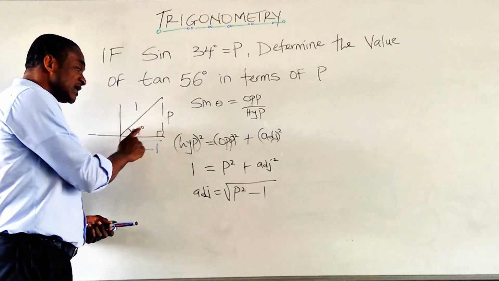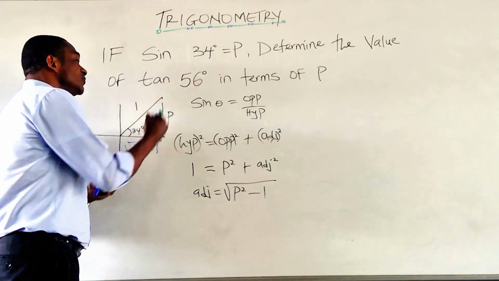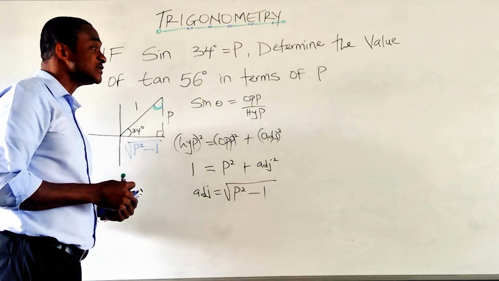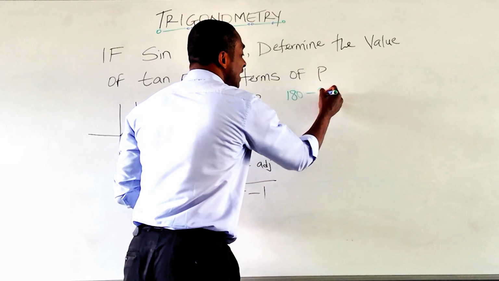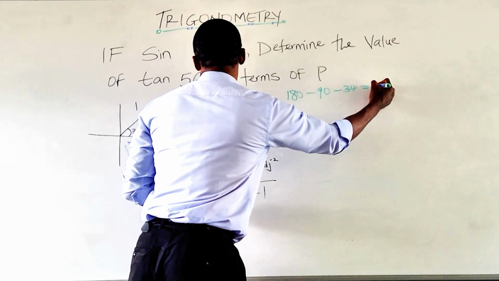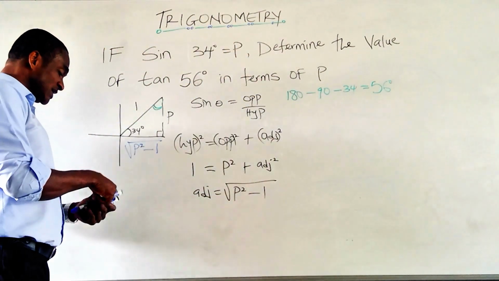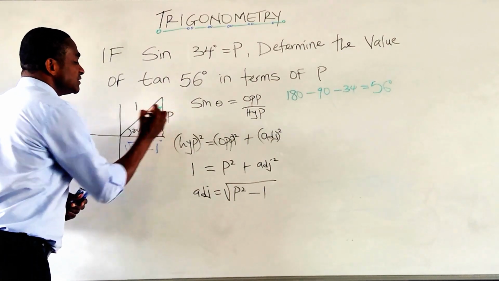We have 90 here, we have 34, so we should check what this angle will give us. 180 minus 90 is 90, minus 34 will always give us the 56 in question. That means this angle will be 56 degrees.